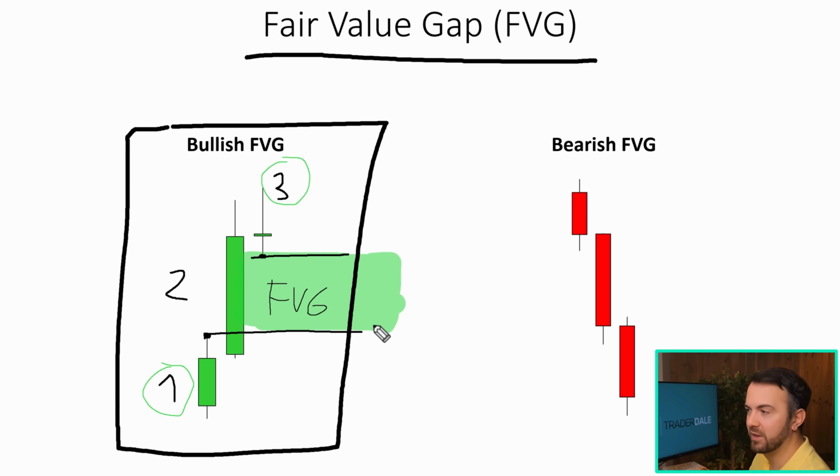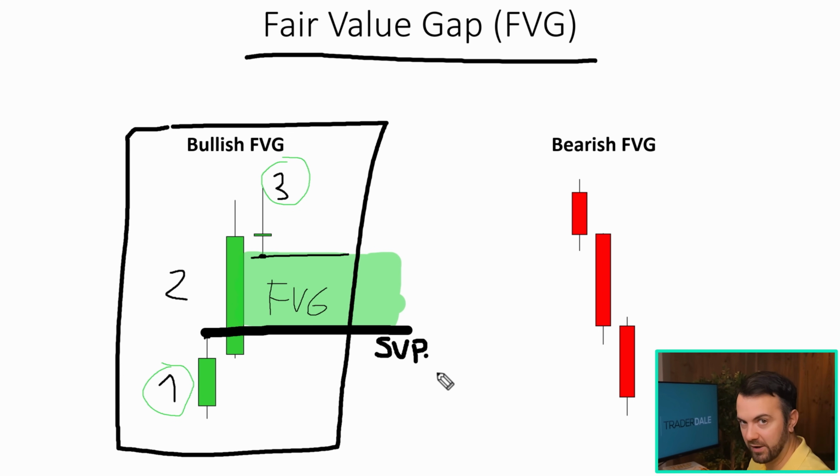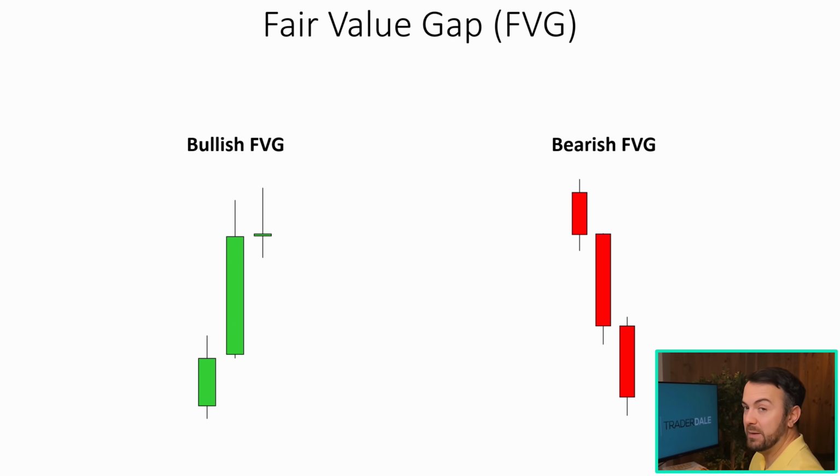And this is a bullish scenario. What I like to do is consider this line, the beginning of the fair value gap, a support. So I like to trade longs from there. So this is the bullish fair value gap. Bearish fair value gap is the same, only reversed. So we have three candles, 1, 2, 3.